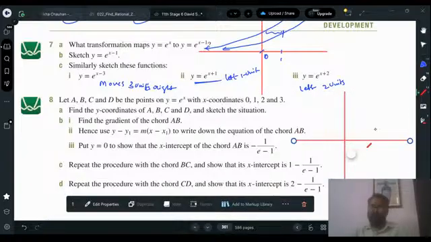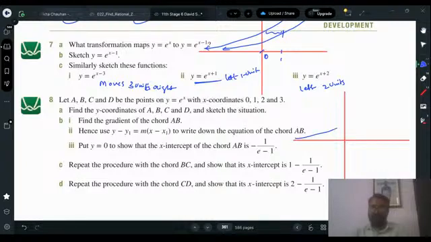At 0, 1, 2, 3, there are points: e power 0, which is 1, and another point, another point, another point. Okay, is it clear? So this is e power 0, 1. This is e power 2, and this is e power 3.